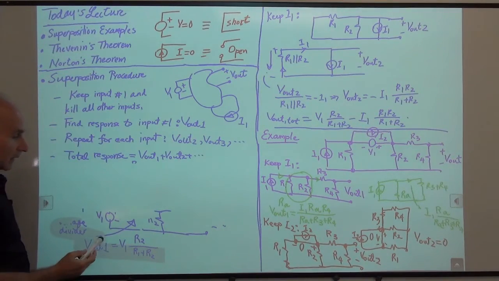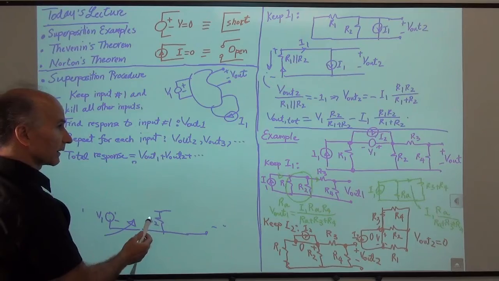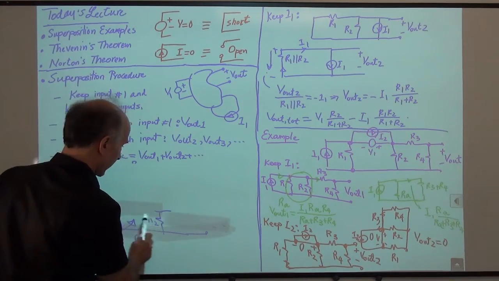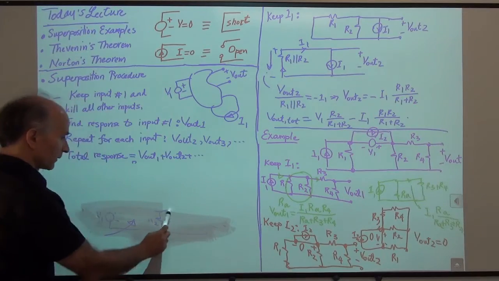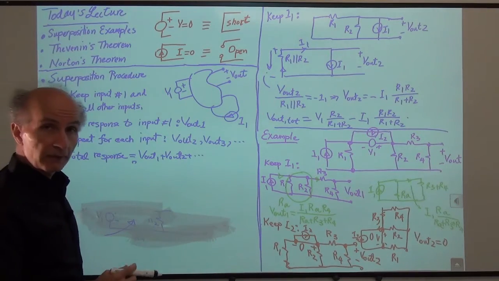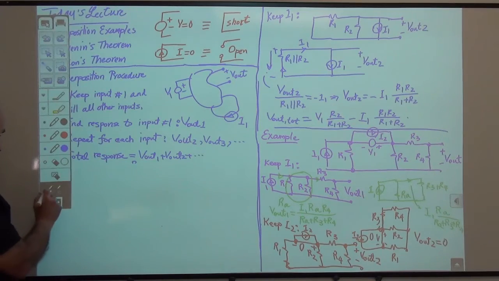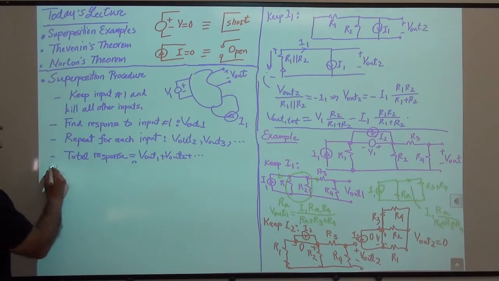So we want to set I2 and I1 to 0. And we want to keep only V1, right? That's the third independent source that we have in the circuit. Okay, so let's go ahead and do that.